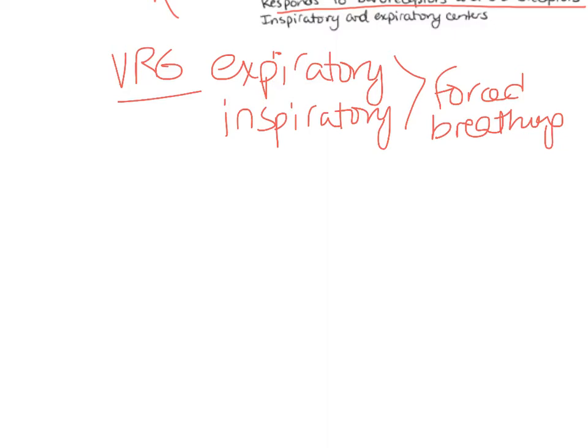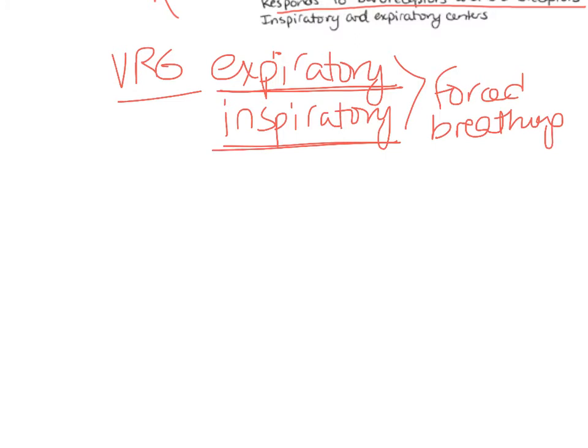So they have what's called reciprocal inhibition. When the expiratory center is stimulated, the inspiratory center will be inhibited, because when you're exhaling, you're not going to be able to inhale, right?